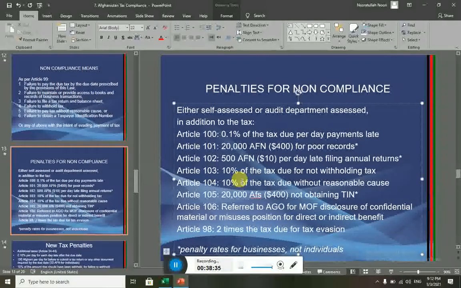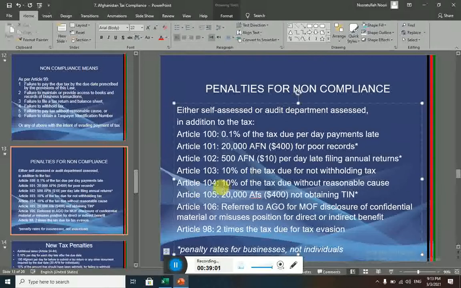The Ministry of Finance will not only charge 25,000 from us, but also 0.01% on per day late payment, and also 10% of 25,000 as a penalty for not withholding, right?